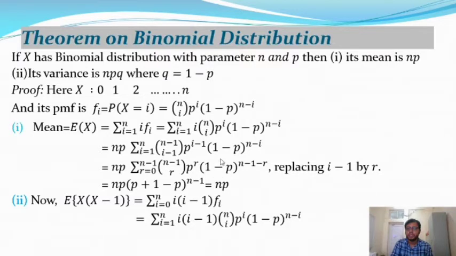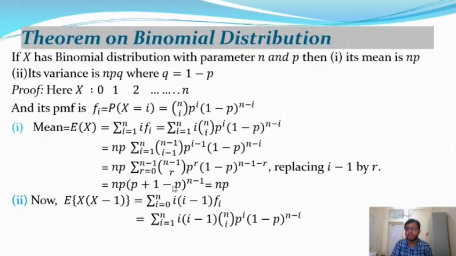And this is the binomial expansion of (p plus 1 minus p) whole to the power n minus 1, which is actually the summation over r equal to 0 to n minus 1 of (n minus 1)Cr p to the power r into (1 minus p) whole to the power n minus 1 minus r. So (p plus 1 minus p) whole to the power n minus 1, from this we will get the value 1.